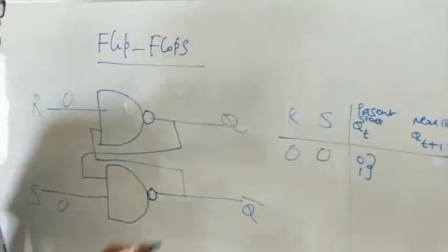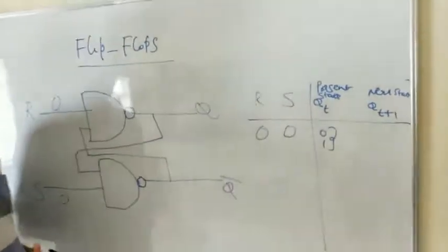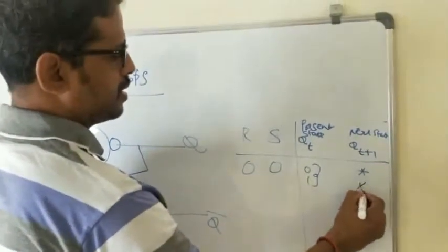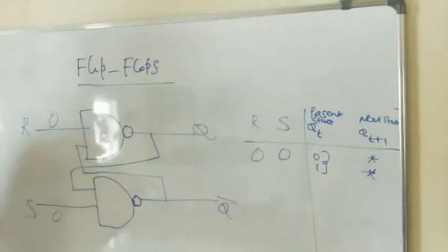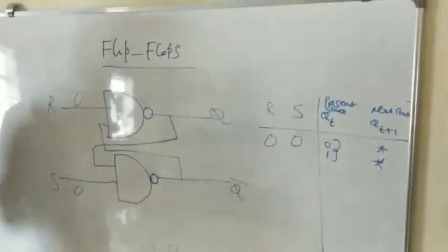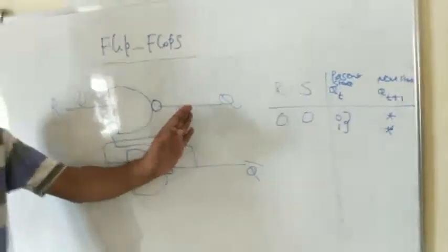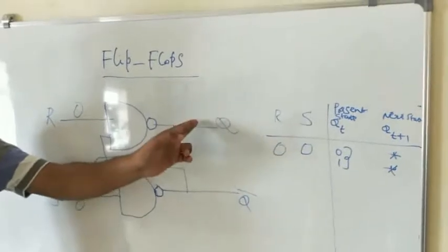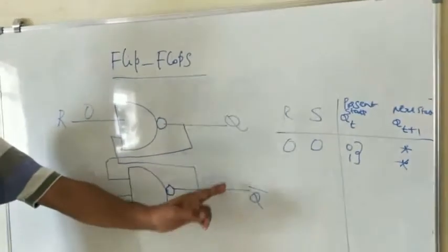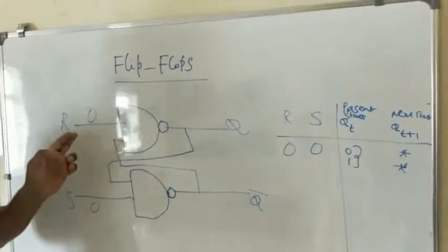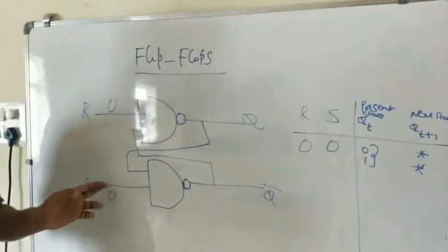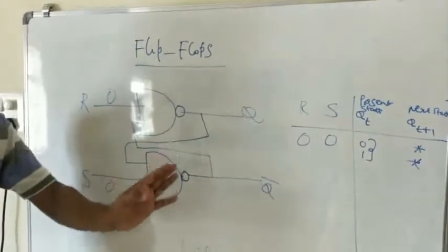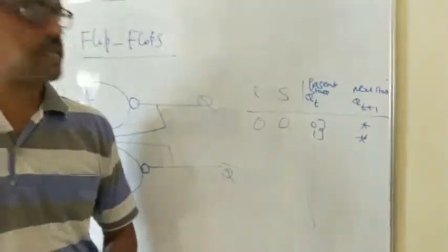So this is an indeterminate state. It is indeterminate because both outputs cannot be 1. If one output is 1, the other output should be 0, and if one output is 0, the other should be 1. That is Q and Q dash. But if R and S are both 0, momentarily both NAND gate outputs become 1. So it should not happen. That is why it is called an indeterminate state.